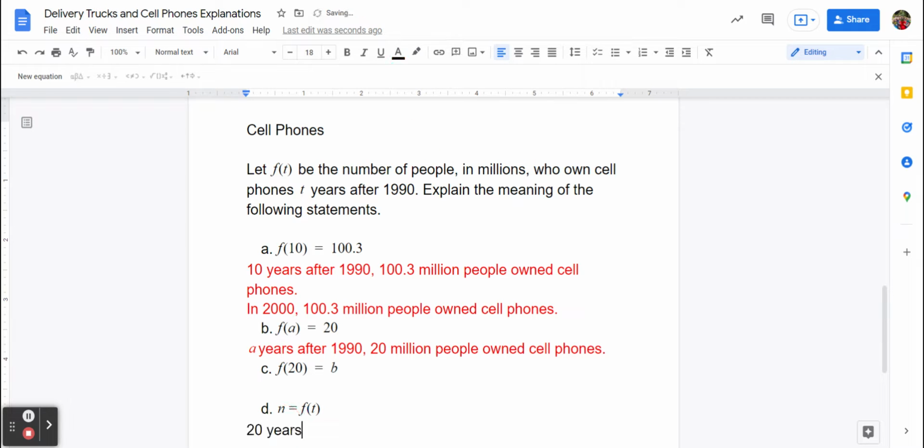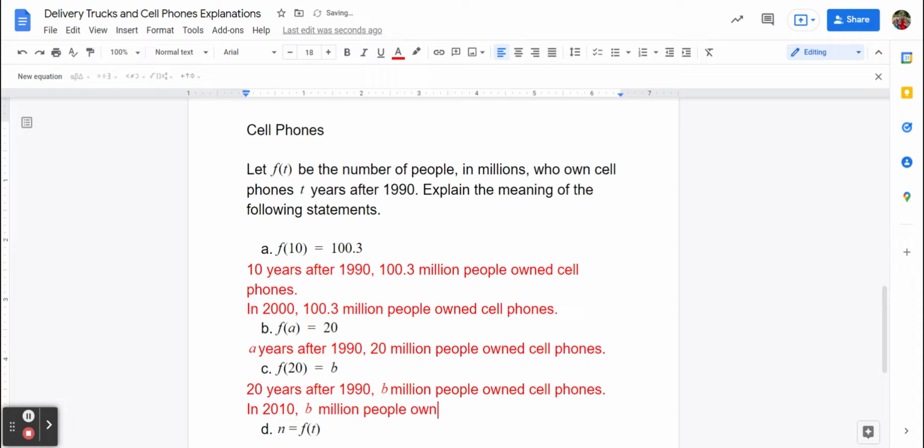We can either say 20 years after 1990, B million people own cell phones, or 20 years after 1990 is 2010. So in 2010, B million people own cell phones.